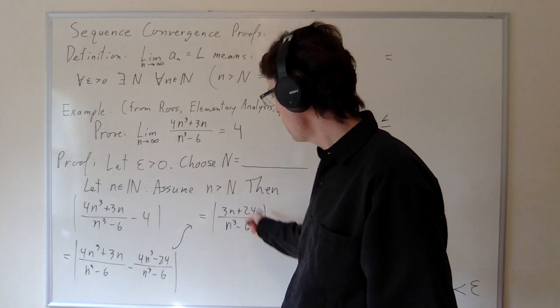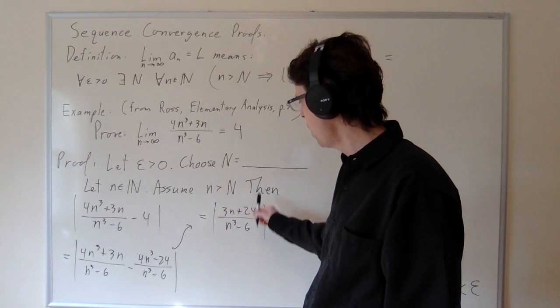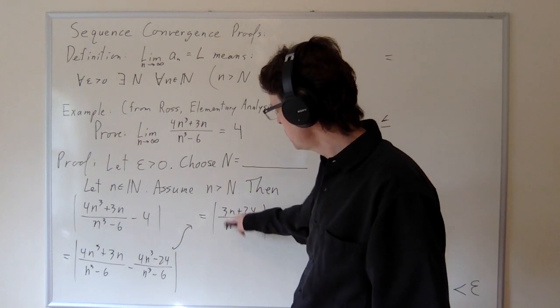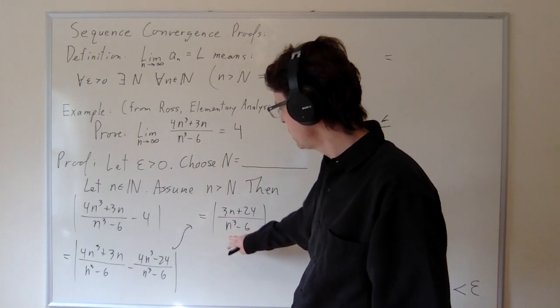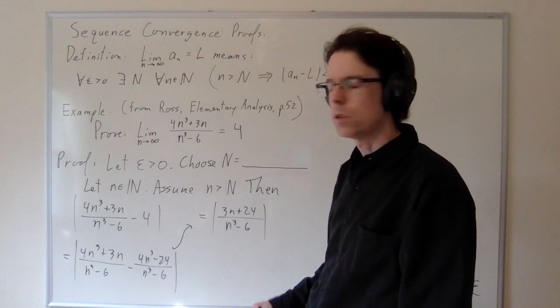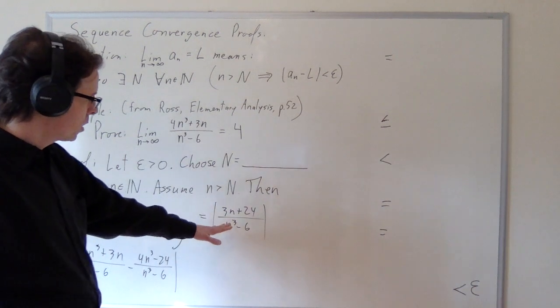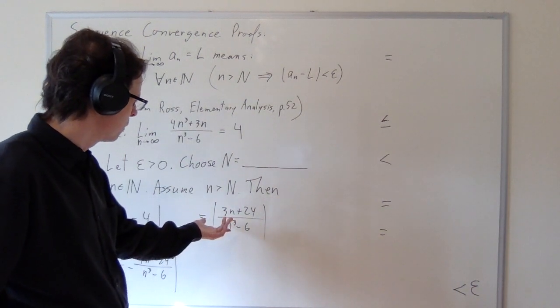However, there are no further obvious simplifications. There's nothing obvious that we can do here to say, oh, well, this will cancel. These terms can't be canceled individually. We could imagine factoring the polynomial and canceling, but the factors here won't cancel any of the factors there. And so at this point, we've done the obvious algebra, and there's no obvious simplification.